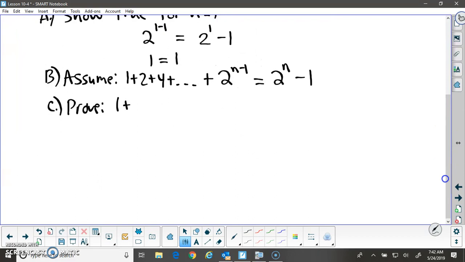that if we add the first n terms, and then add the next term, we should get a new summation. So, if this is the nth term, the next term after that would be 2 to the n.